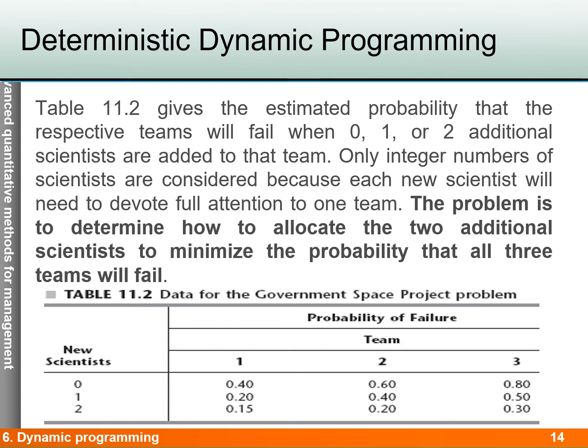By this allocation, we want to have a total probability less than 0.192. As you see here, guys, it's exactly like the previous table of the World Health Council. These are the probabilities of adding 0, 1, 2 new scientists to each of these teams, to team 1, team 2, and team 3.